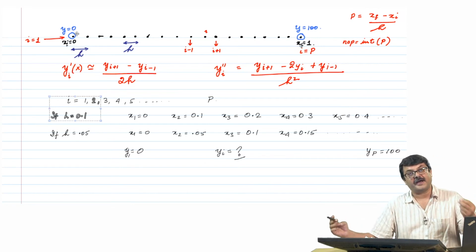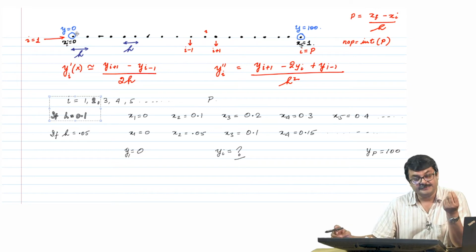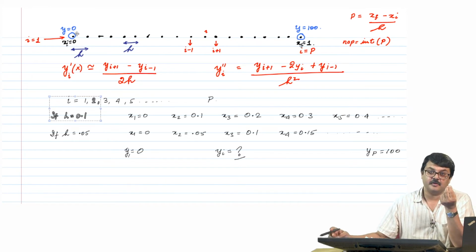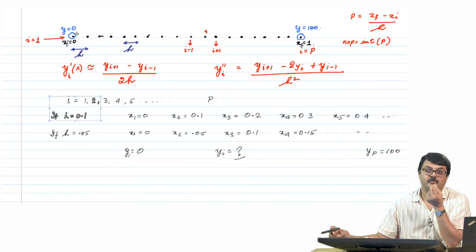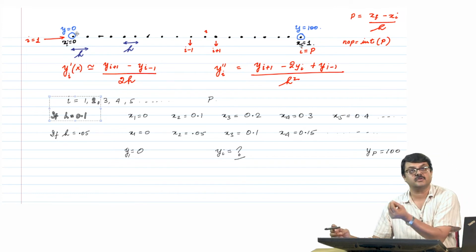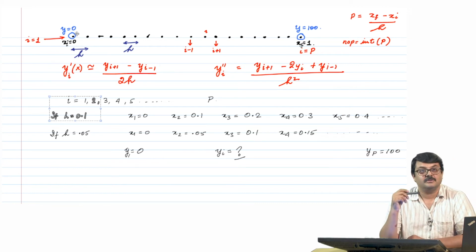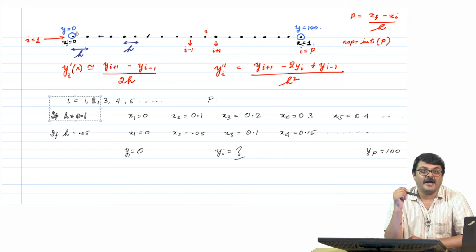Now, you have to find the value of y at each of these points. If you like, you can say we have to find the value of y for i equal to 1, what is the value of y at i equal to 2, and so on. And at each point i, you have a certain different value of x.